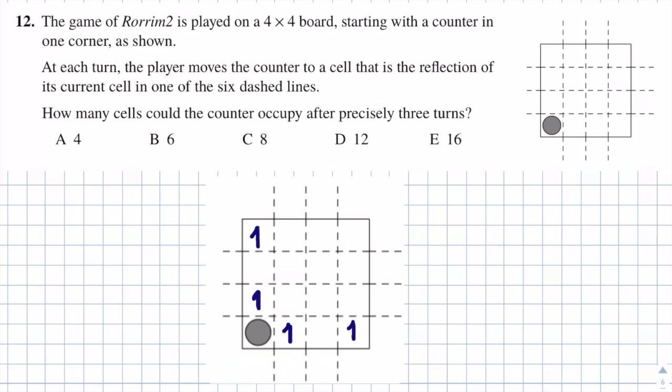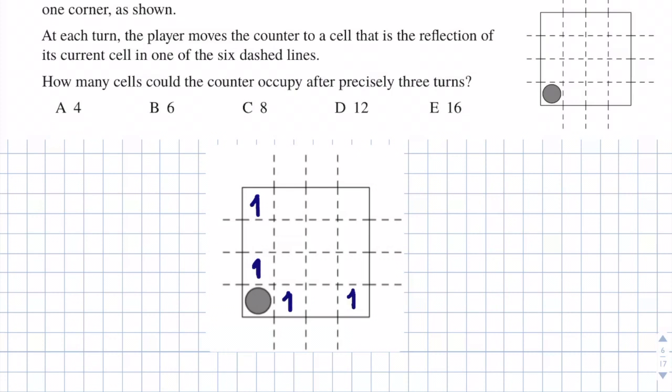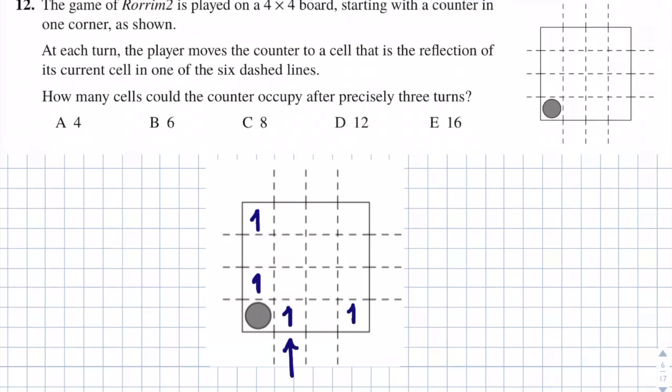So that's all the positions it can move to after its first turn. Then let's say it moves to this position here. On its second turn, it can move here, here, here, and also here. If it ended up moving to this position, then the counter can move here and here. And then we could also have this counter, which could move to this position. And I think that's all of our possible positions.